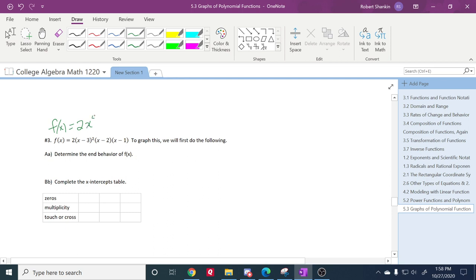It's going to be 2x to the 4th. Excellent. Okay, so it's even power. With an even power, they either both go up or both go down depending on the leading coefficient, and here they're both going up. So this one's end behavior, with a positive leading coefficient, is both going up.